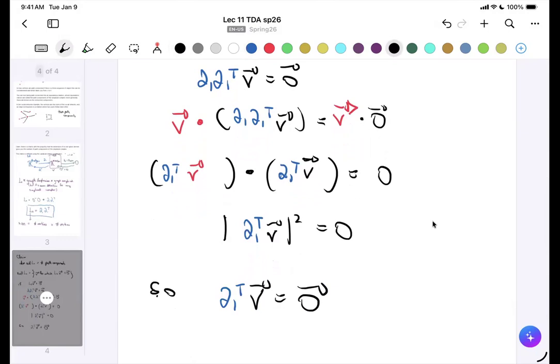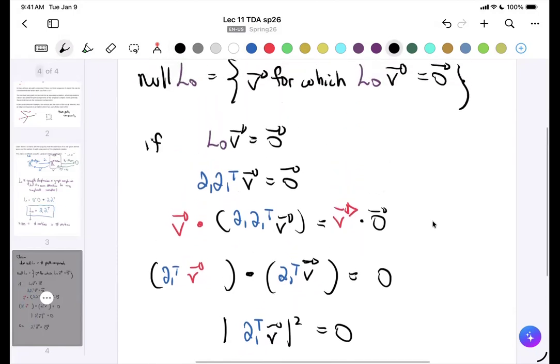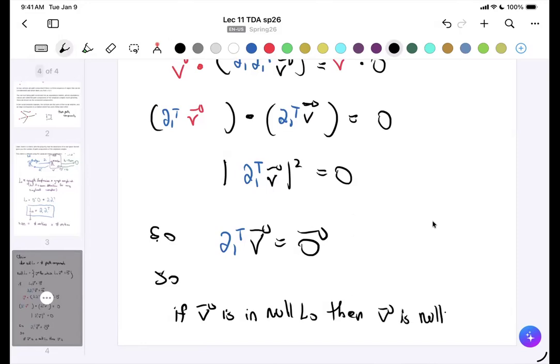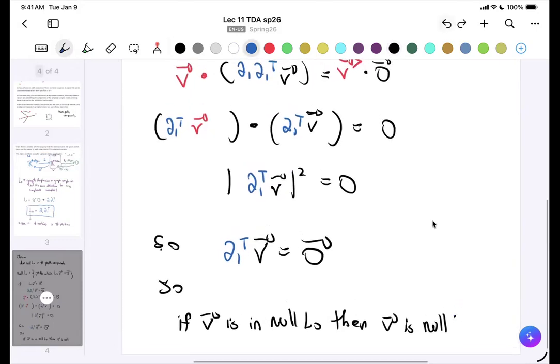In other words, what this is saying is that v actually belongs to the null space of the transpose of this matrix, the one transpose. So what I just proved is that, let me write it like this: if v is in the null space of L0, then v is in the null space of this matrix, the one transpose.